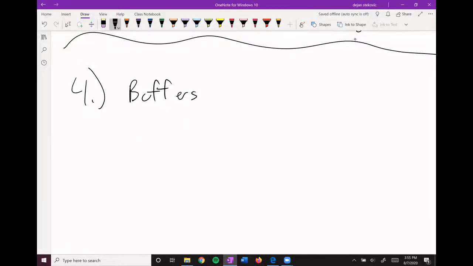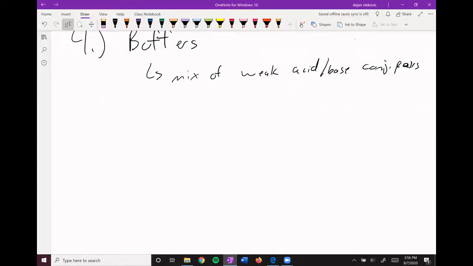All right, so for our final set of experiments, we're going to take a look at some buffers. So remember that buffers are mixtures of weak acid-base conjugate pairs. And so let's take a look at two solutions.